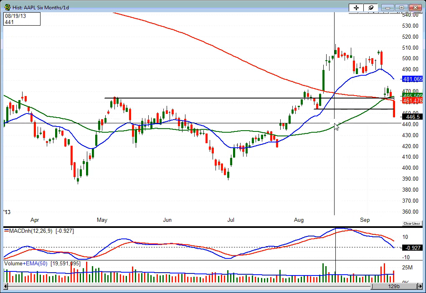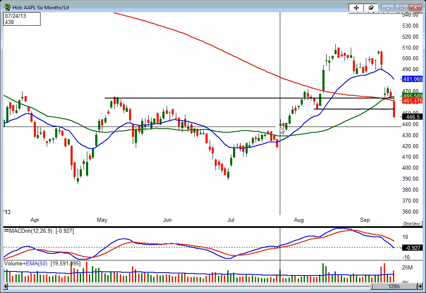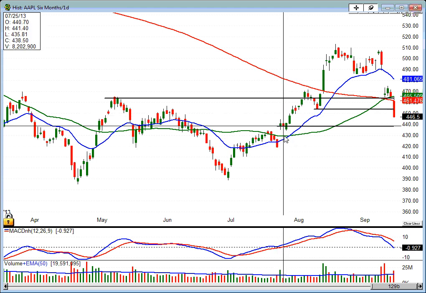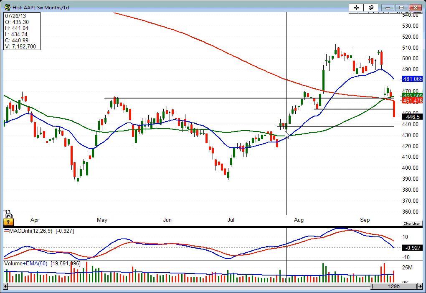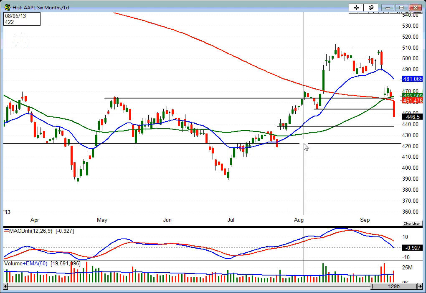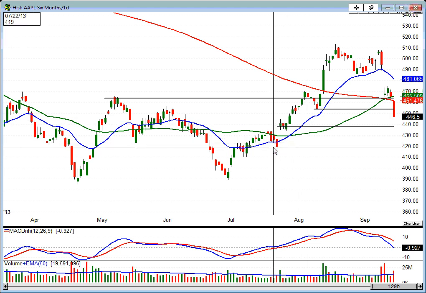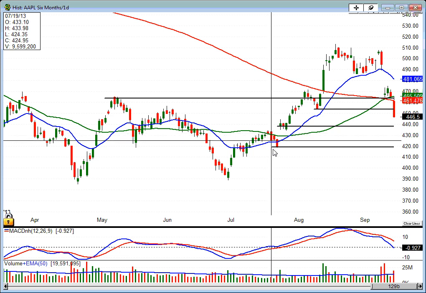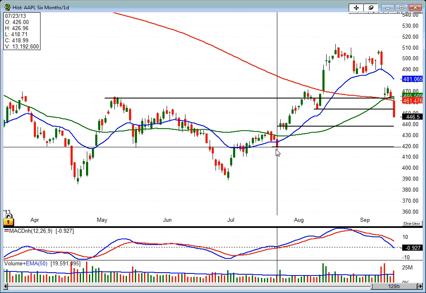And then the other possibility is it comes down and fills this gap here. Right now, we're probably looking at this particular pivot level here, somewhere around the, what's that, the 438 area, and the possibility that it could also come down and maybe tag this particular level here on this pivot low, which would be somewhere around the 419 area.